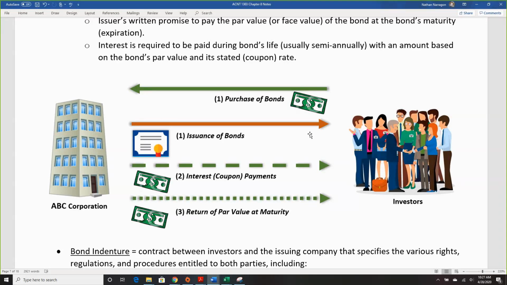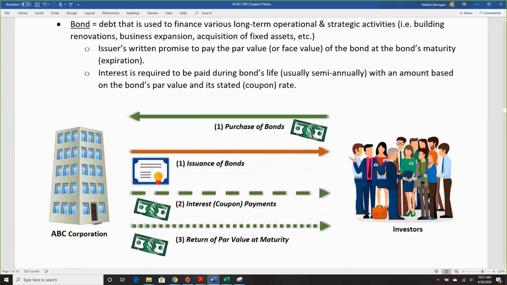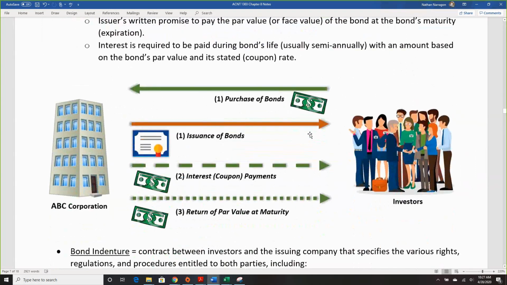So, we have a few things going on, but usually these are good investments, especially if it's a government one, treasury bonds, or municipal bonds. And you want to look at those. Again, cool thing with those are non-taxable. They're a non-taxable bond on the interest you receive.